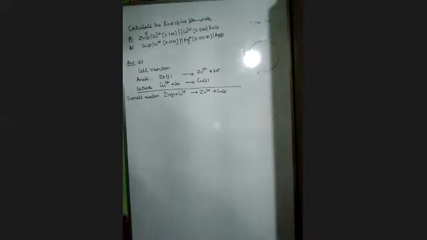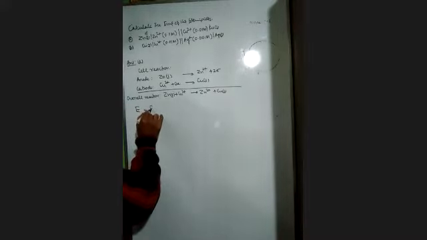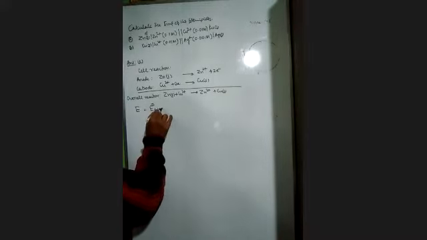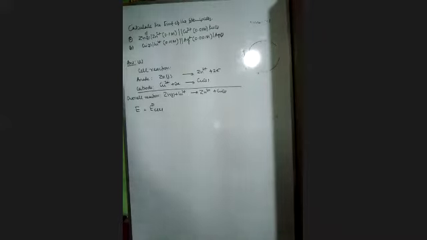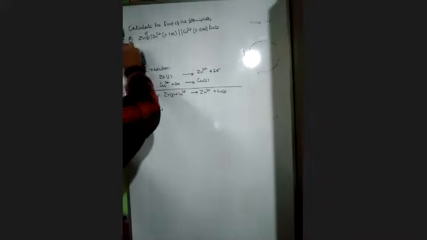So what will be the Nernst equation? E is equal to E0. One thing I forgot to give there, so I'll just change it. Please don't mind, don't get angry with me, this is the problem of old age.